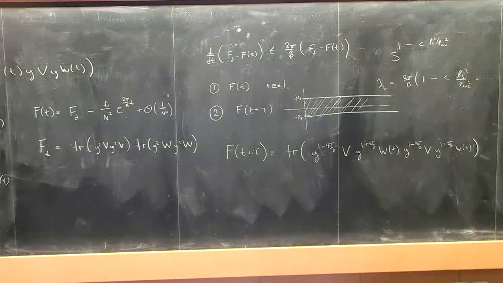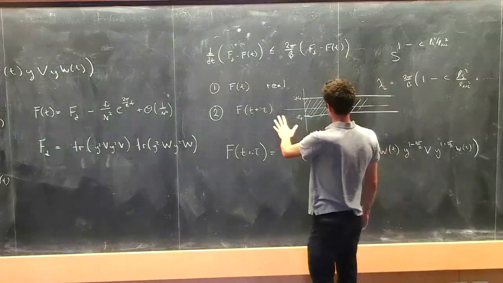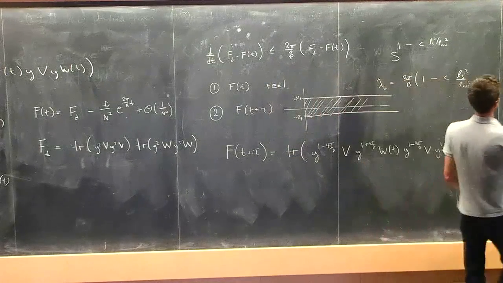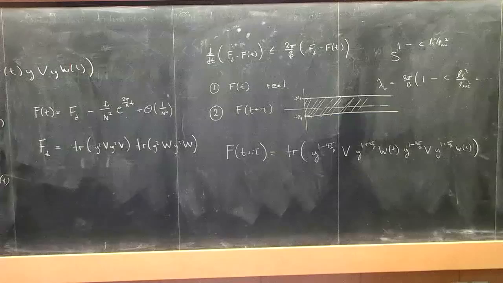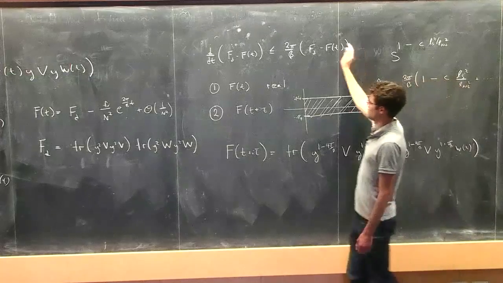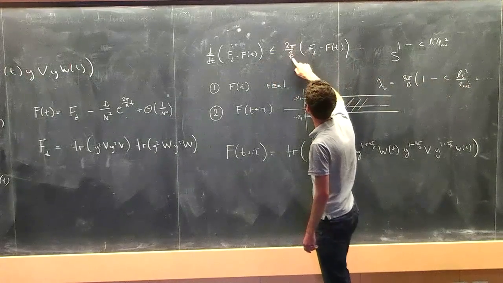There's a mathematical fact which follows from the Schwarz-Pick theorem in complex analysis: if a function which is real on the real axis and is analytic in this strip satisfies an additional property that f of t plus i tau everywhere in that strip is less than or equal to f of d, then this statement follows.